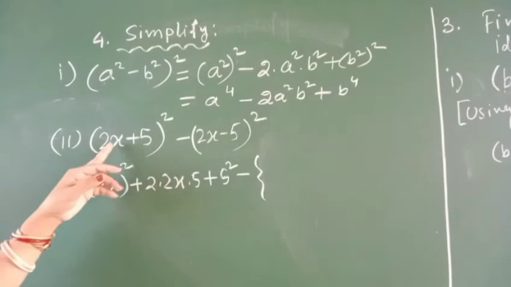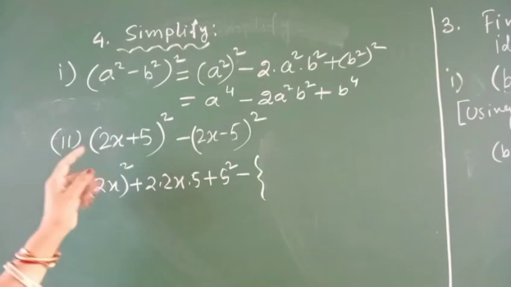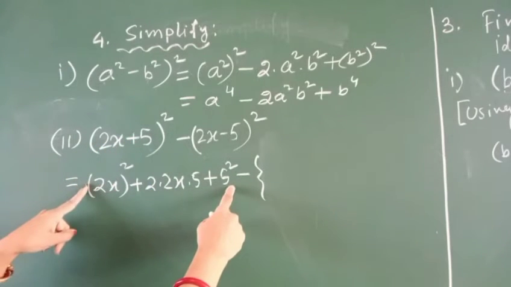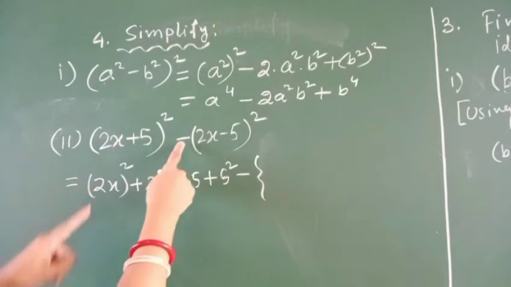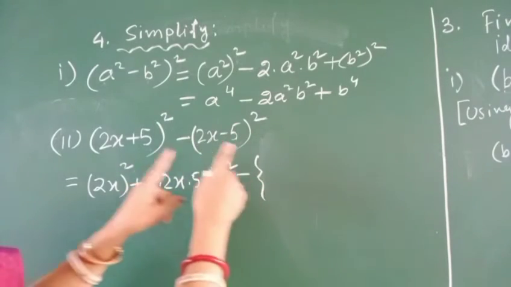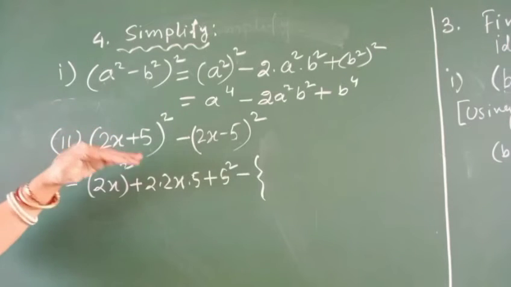Next question number 2: 2x plus 5 whole square minus 2x minus 5 whole square. This one I will break. I use the identity a plus b whole square, and minus, here I can use a minus b whole square. Here we can use a square minus b square also, but because you are beginners, using these identities the first time, we will go with the long process only.